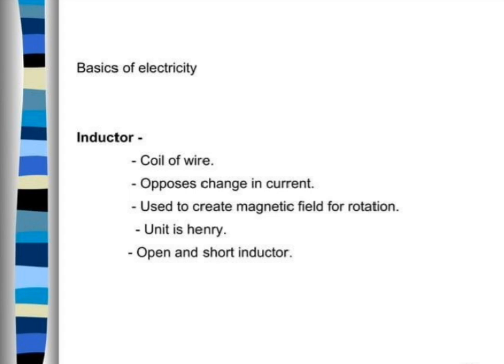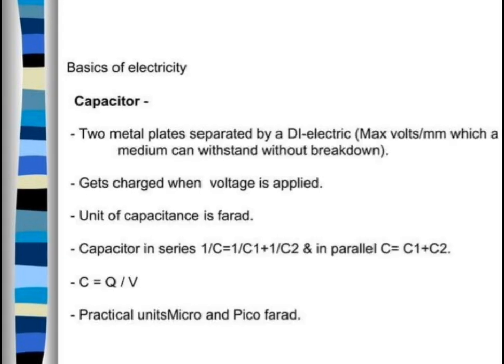So next one is ang capacitor. Capacitor is two metal plates separated by a dielectric, with a max volts rating which a medium can withstand without breakdown. And capacitor gets charged when voltage is applied.